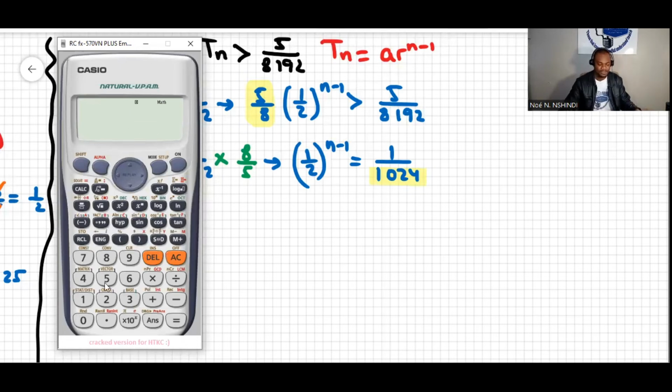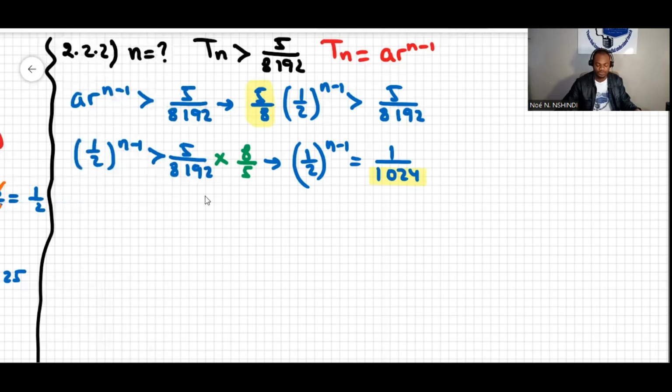So I'm going to write 1024 and then press equal in the calculator, and then press shift and then this button here, fact, and this tells me what the number is in terms of the prime factors. So it's going to be a half to the power of n minus 1 equal to 1 over 2 to the 10.